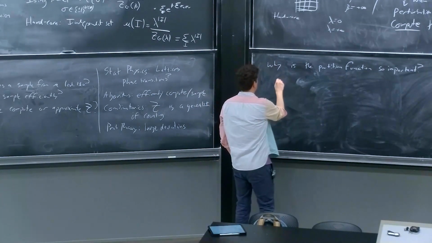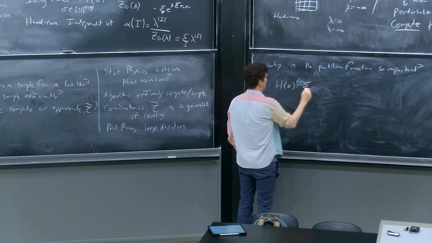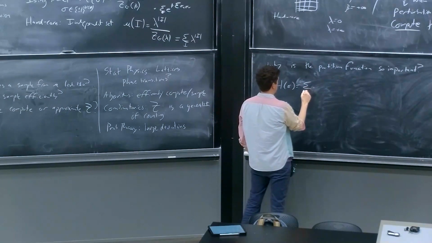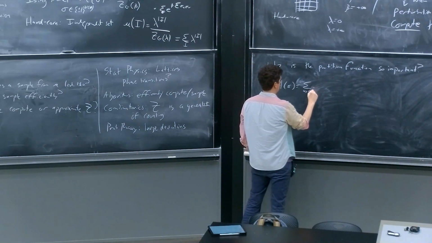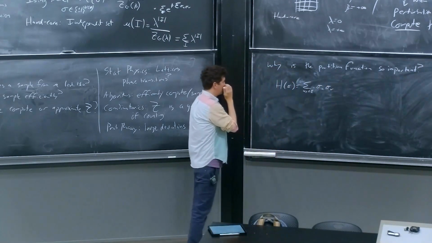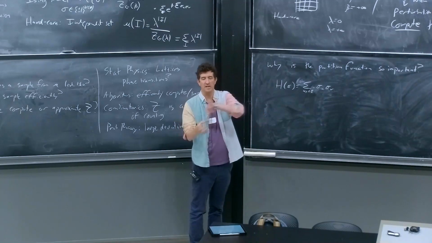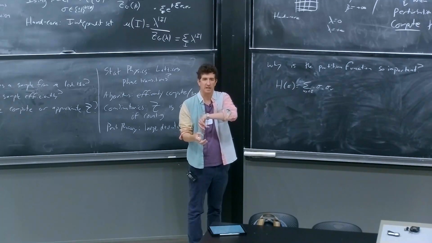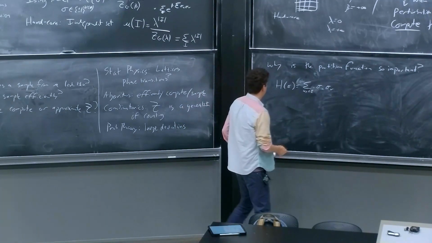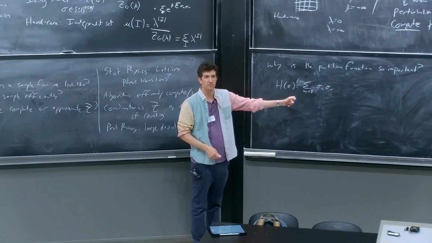So for the Ising model, let's write H of sigma as the thing in the exponent: the sum over edges uv of sigma_u sigma_v. What is this really? This is the number of monochromatic edges under this coloring minus the number of bichromatic edges. If you pick sigma from the Ising model, this is a random variable.